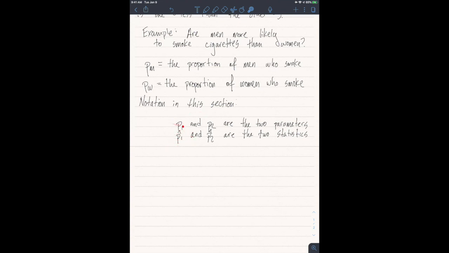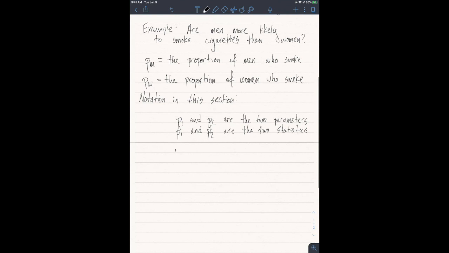So here's the notation for the parameters, here's the notation for the statistics. What else do we have? Well, we have N1 and N2, which are the sample sizes. We would have X1 and X2, are the number of successes.